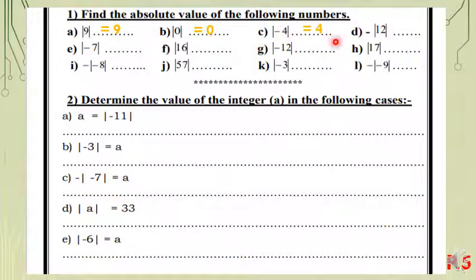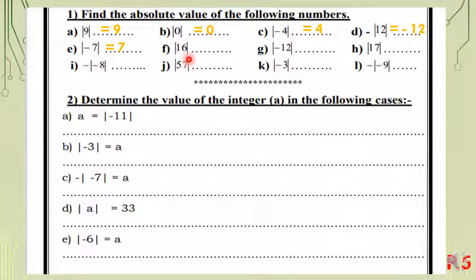Letter D, negative, the absolute value of 12. Here we have the negative outside. Okay, so I'm going to keep it in my answer. Negative 12. Okay, E, absolute value of negative 7 equals 7.